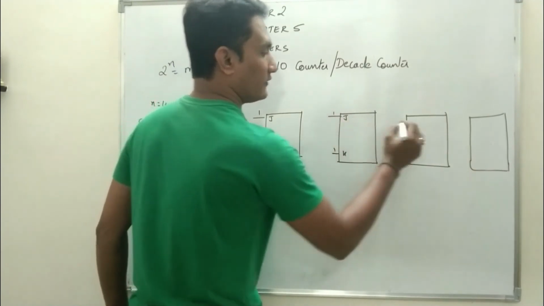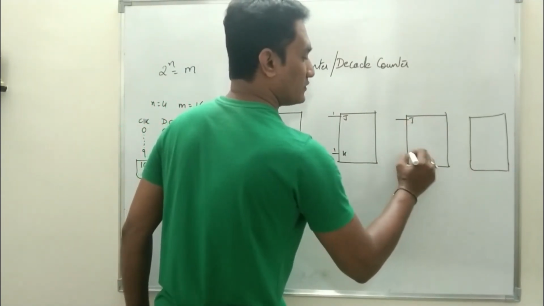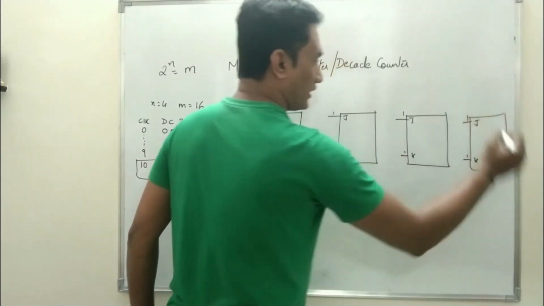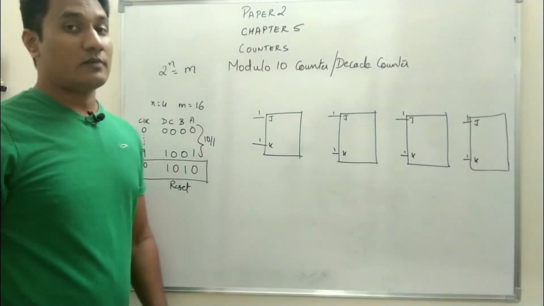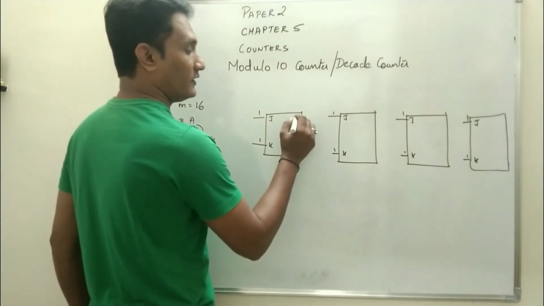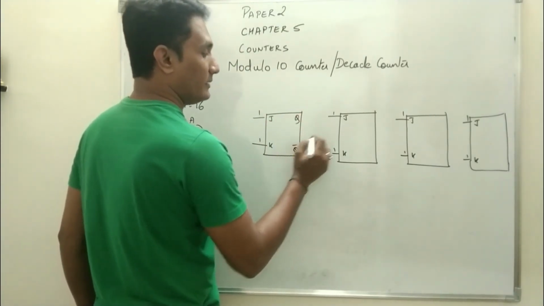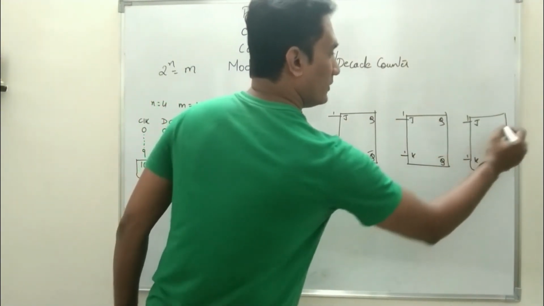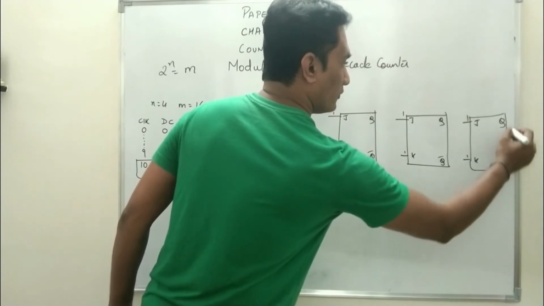For all the flip-flops, J and K should be connected to 1, so that the flip-flop works in toggle mode. And if you remember, toggle means if initially it is set, it will become reset, or if it is initially reset, it will become set. So Q and Q bar are the two outputs.